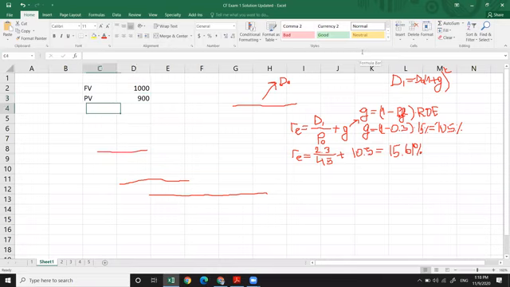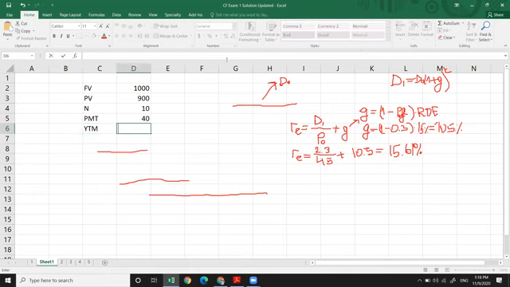It's traded at 900. The number of periods is 10, since it is 5 years semi-annually. And the payment, PMT, is 40. And you need to calculate the rate, okay, the YTM.